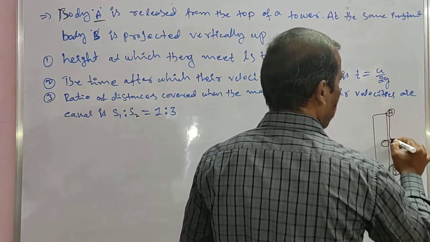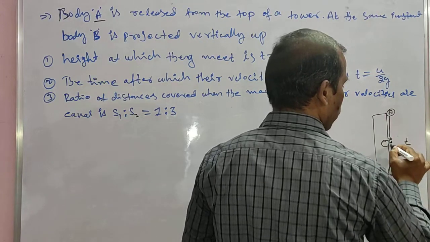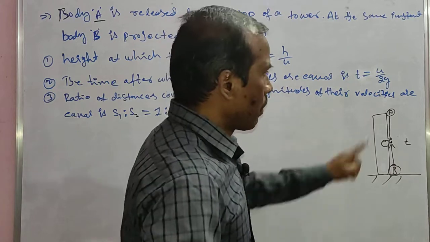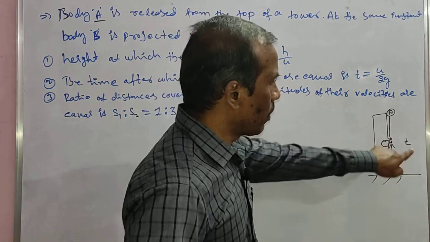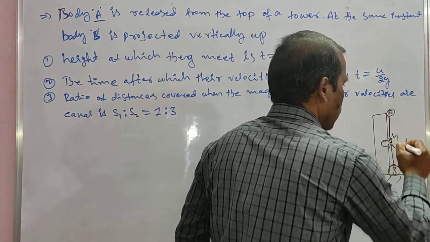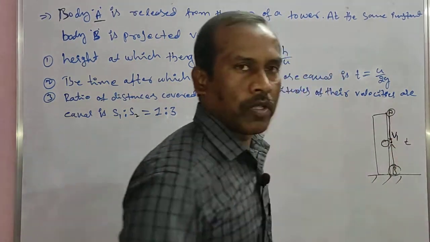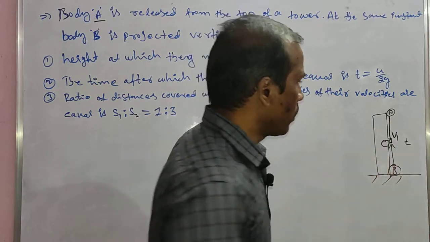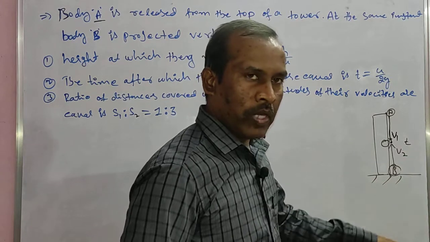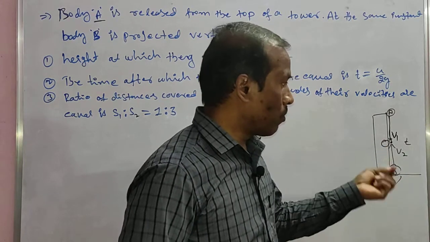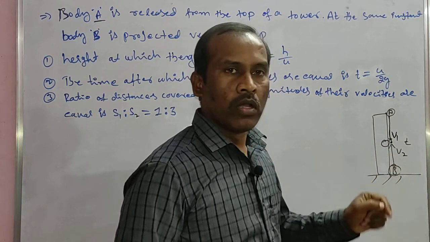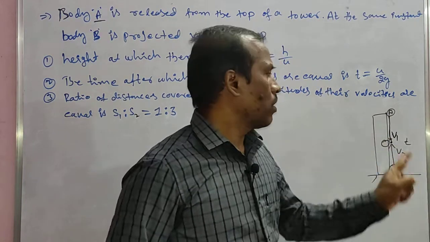These bodies meet at point O. At time t, the velocity of body a is v1, and the velocity of body b to reach point O is v2. Body a reaches point O with velocity v1 at time t.